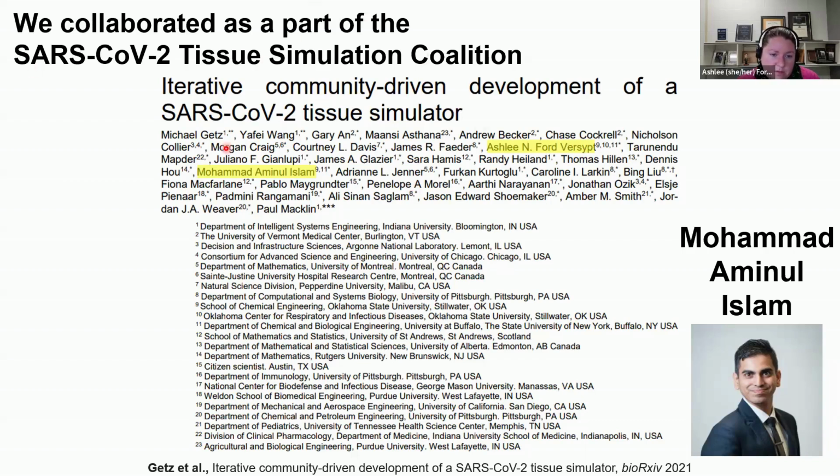And so brought together this team, which we called the SARS-CoV-2 Tissue Simulation Coalition.